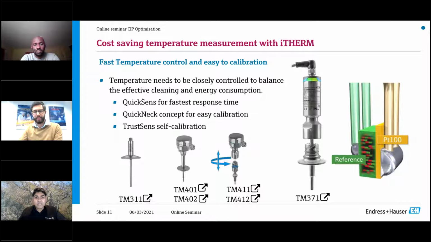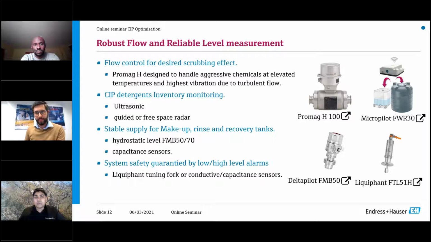So temperature is not only an important measurement, there's also flow and level as well. That is also critical in terms of measuring on site. So when it comes to flow, as I mentioned, flow creates the mechanical activity. So if you have too low a flow, you're not getting enough cleaning occurring.